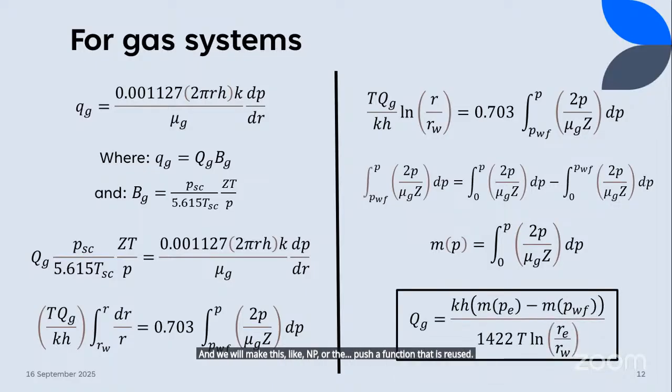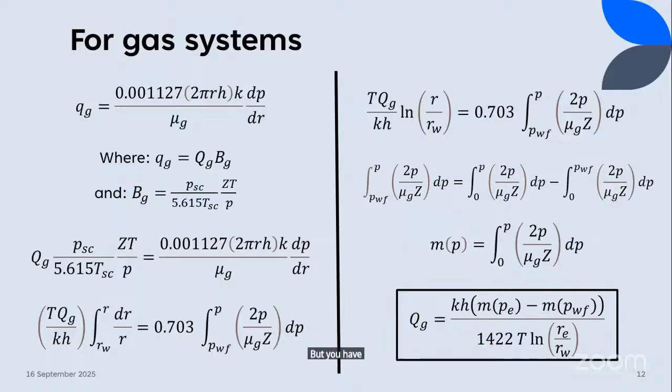It looks neat, but evaluating the function of pressure, 2p over mu g z, is not very easy. Sometimes it is solved analytically, which is a very hard question to answer, and sometimes approximation methods are used, which is very common. We have several approximation methods to use, especially in different pressure ranges.